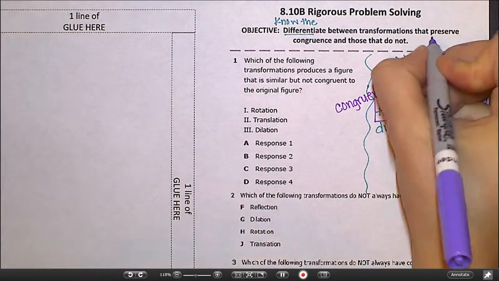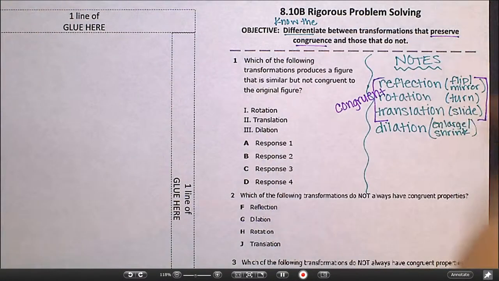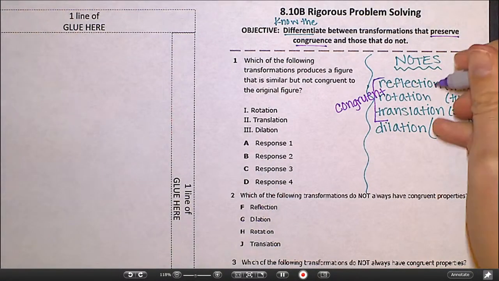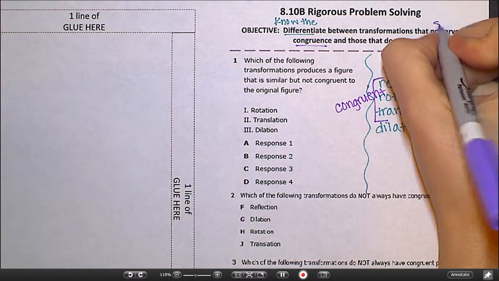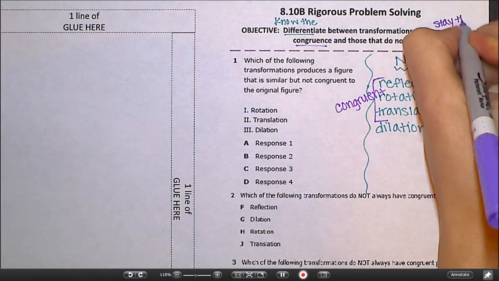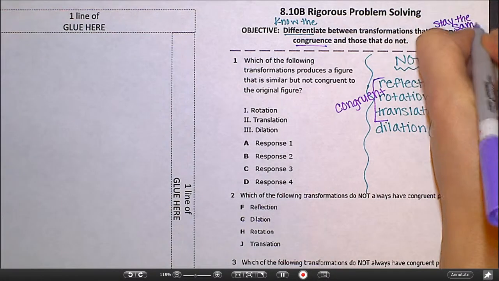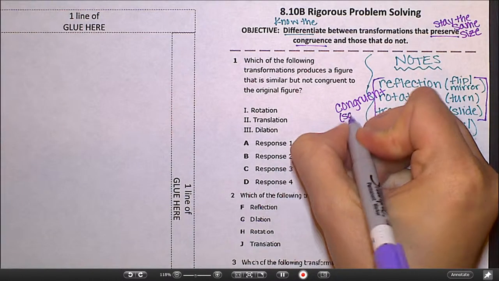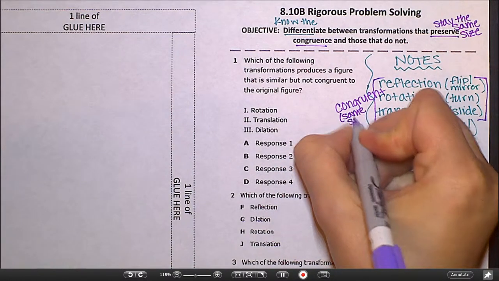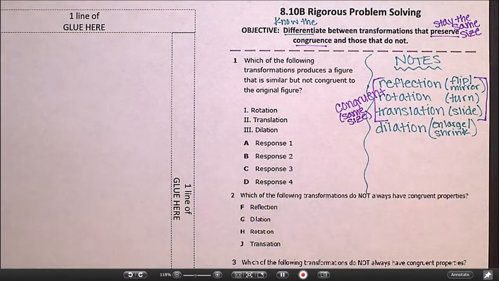What it means to preserve congruence is that when I reflect it, rotate it, or translate an image, it's going to stay the same size. So congruent means same size and, of course, the same shape.